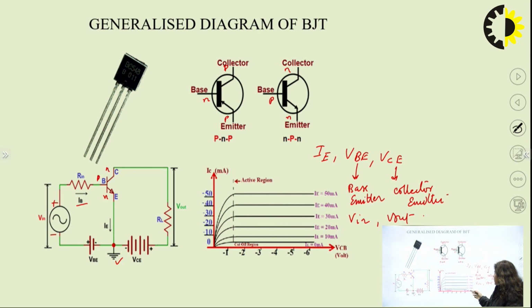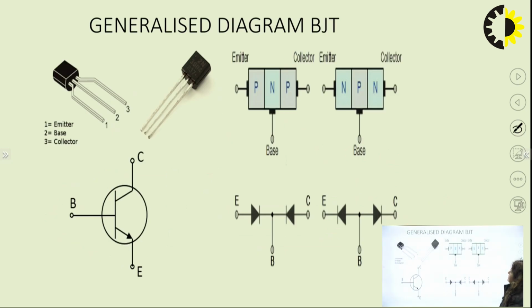At IB equal to 0, 10, 20, 30, 40, 50 microamperes, we can see that whenever you increase the voltage across collector and emitter, there is an increase in the collector current. So this is the generalized diagram for the BJT, the three-pin BJT with emitter, base, collector.